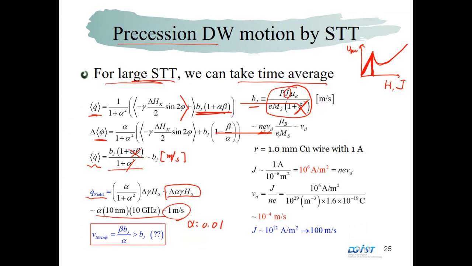And mu zero Ms is not that important. So actually, this term is proportional to the drift velocity. So Bj is actually proportional to the electron drift velocity.